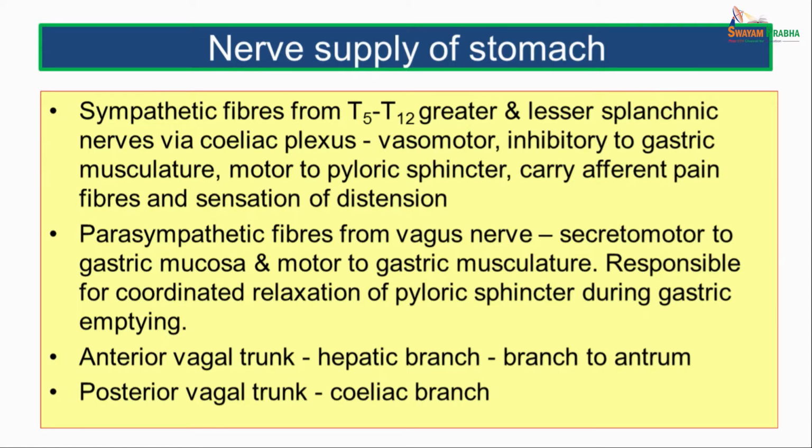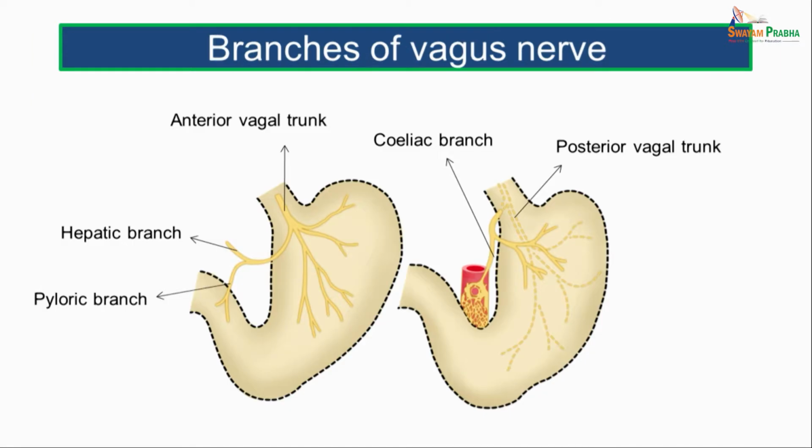The anterior vagal trunk ramifies on the anterosuperior surface and gives off the hepatic branch and a branch to the pyloric antrum, whereas the posterior vagal trunk ramifies along the postero-inferior surface and additionally gives out a celiac branch.